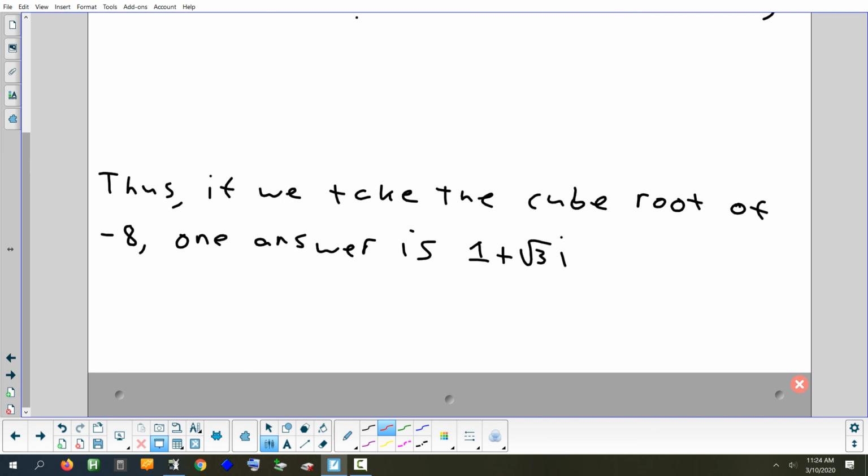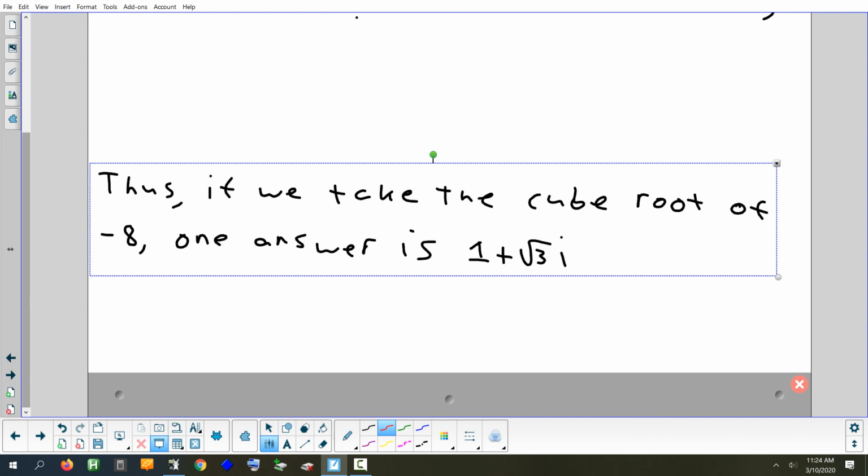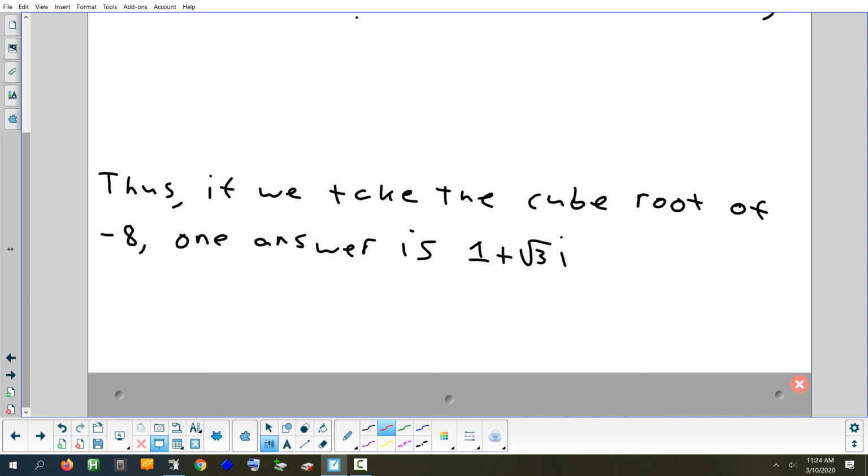So we cubed something and got negative 8. If you take the cube root of negative 8, it brings you back to the problem you started with. That 1 plus root 3 i, I gave you that. That was example 1. So the question is, how would you figure that out? Like if I said, do this problem, which is a very doable kind of test problem, how do you get 1 plus root 3 i as an answer?